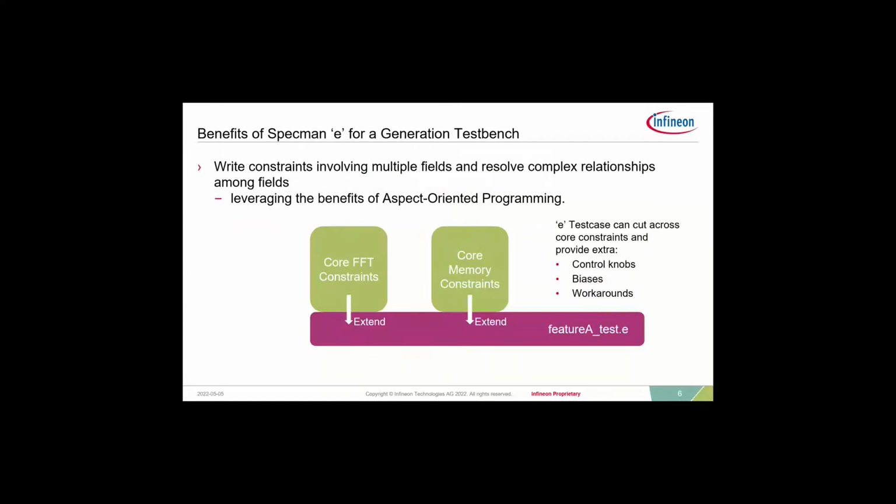So why do we use e for our generation test bench? Well, obviously we had a lot of existing e code from our first generation test bench, but we decided to stick with SpecMan for our generation test bench because it has more than a few features that we quite liked.